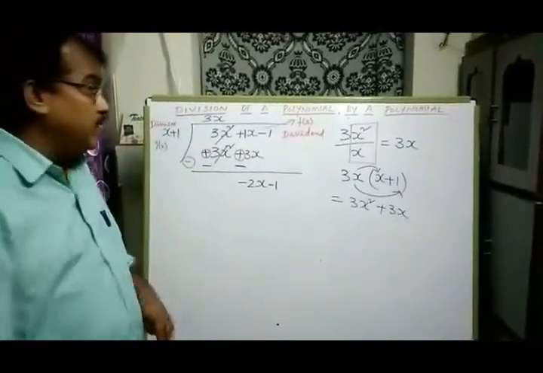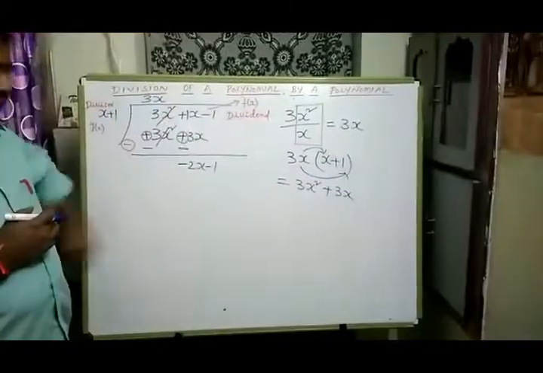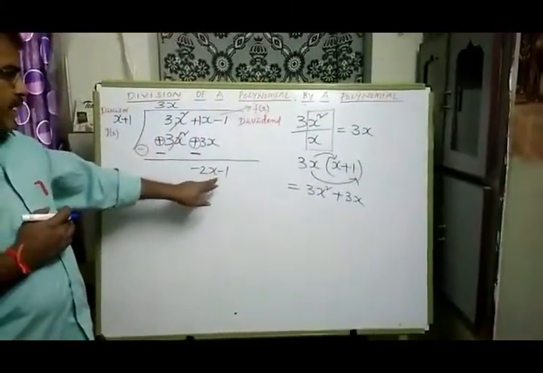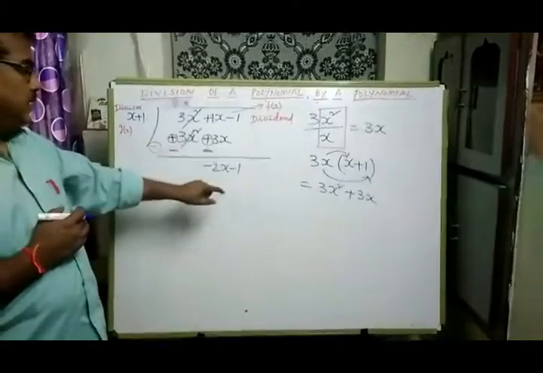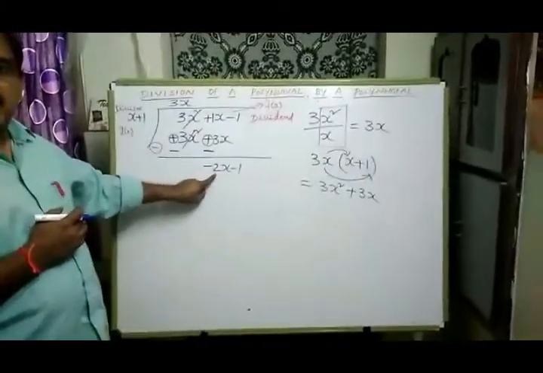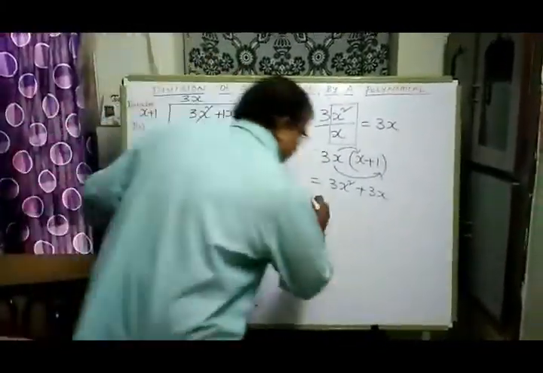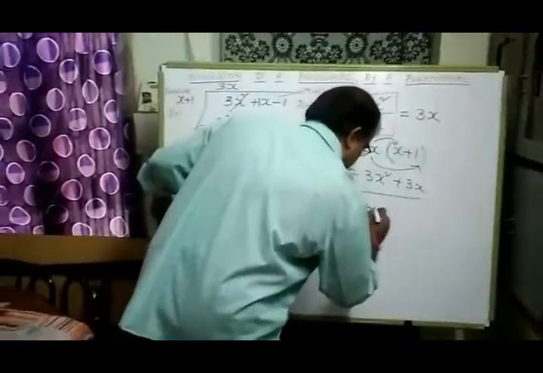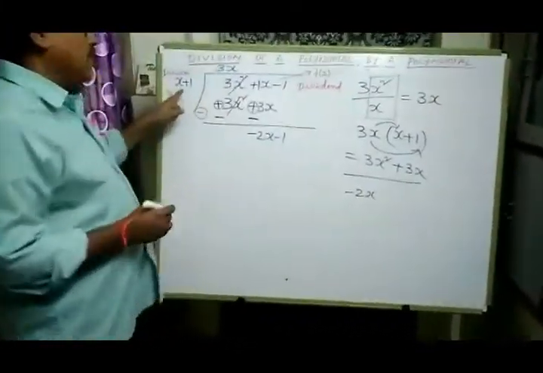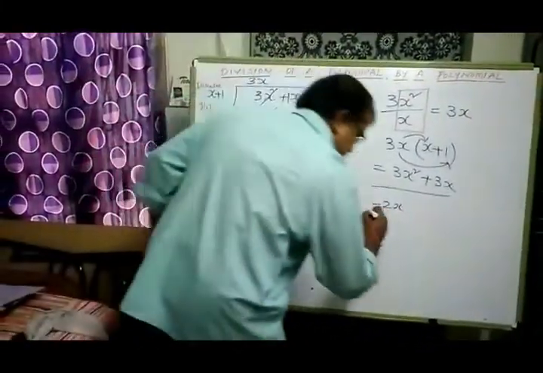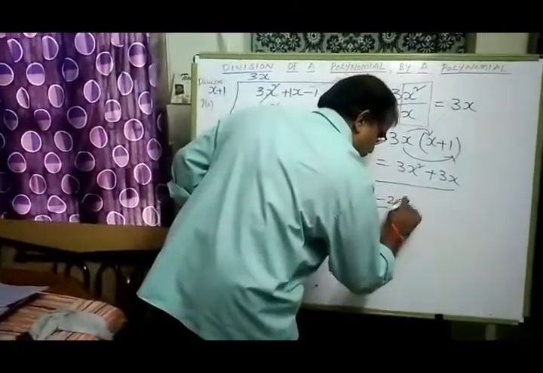Again, minus 2x minus 1. In this the first term is minus 2x, and the first term of the divisor is x.